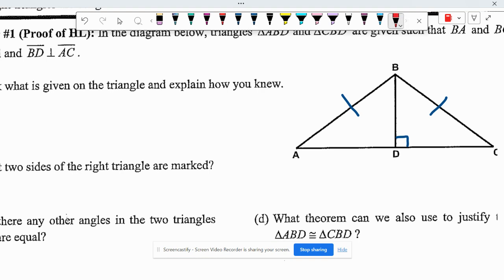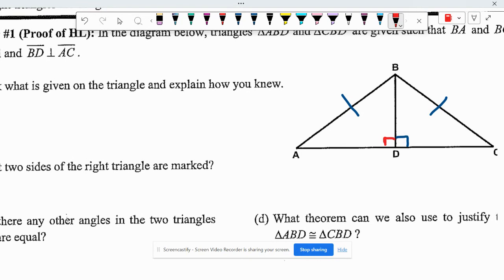But can we think just for a second? If angle BDC, that's what I drew that as, is 90 degrees, what is angle BDA? Because it forms a linear pair, right? So I have two right angles right here.